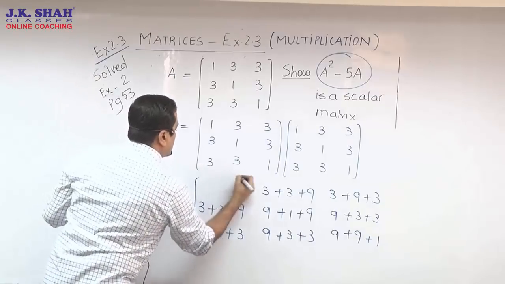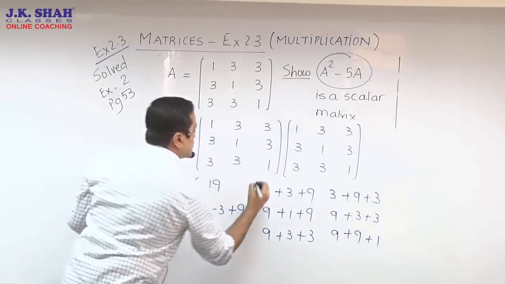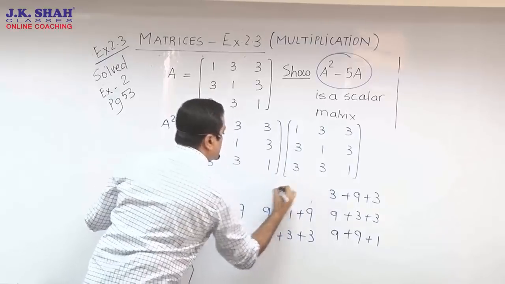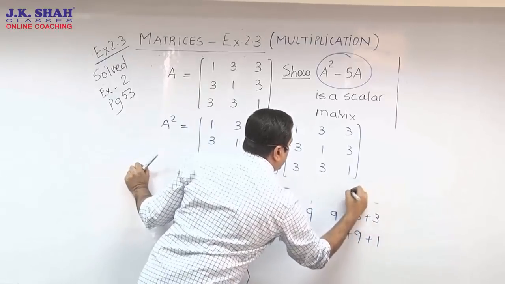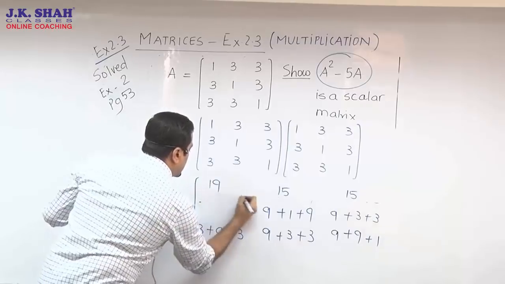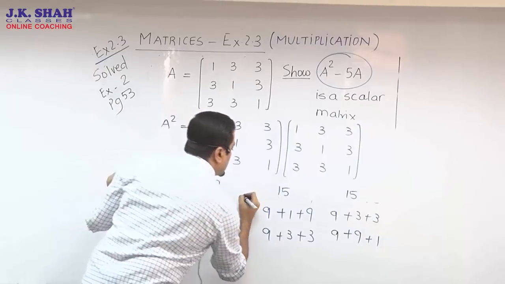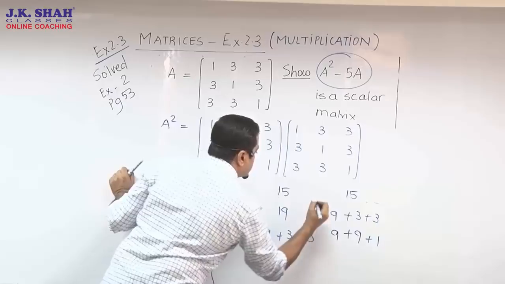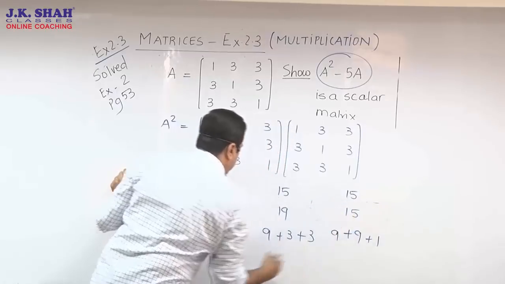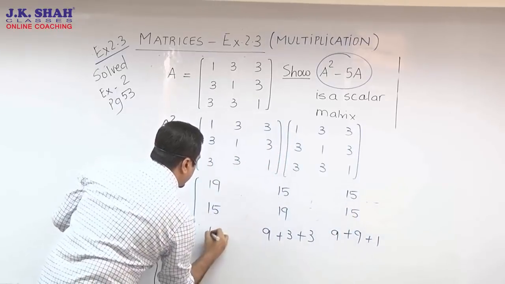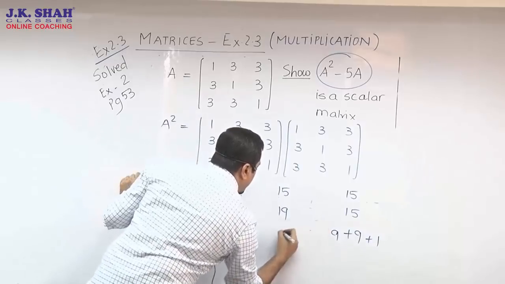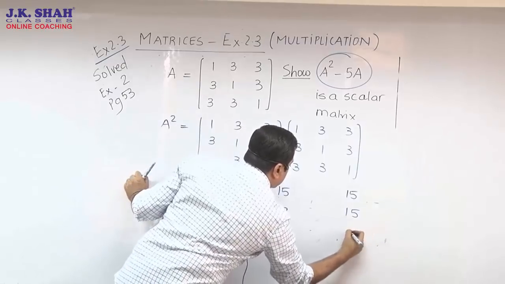Finally, it should be 19, 15, 15, 15, 19, 15, 15, 15, 19.